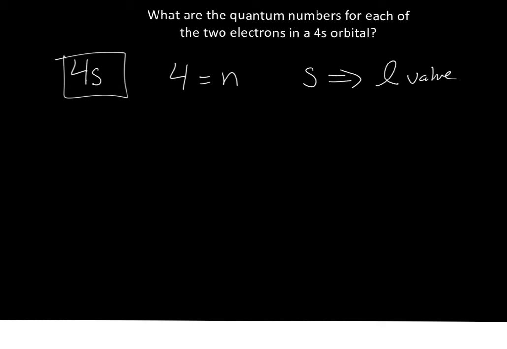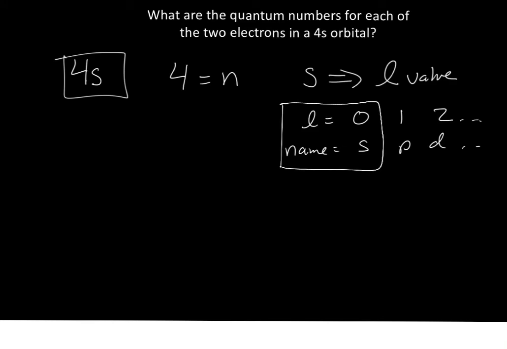You might remember I had that chart where I said L is equal to 0, 1, 2, and the names are s, p, d, and so on. So when I'm talking about a 4s orbital, I know n is going to equal 4. Because it's an s orbital, I know that the L value is going to equal 0. Okay, so that's what I get out of this name 4s.